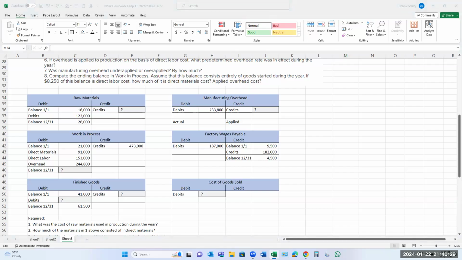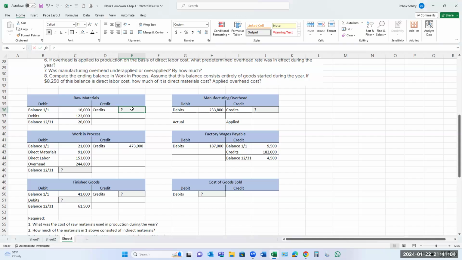So the first question is they want to know what was the cost of raw materials used in production during the year. So that is going to be this credit. So how do we figure out this credit with the information they gave us? Well, we know that the debits minus the credit equals the ending balance, right? So we can reverse that a little bit.